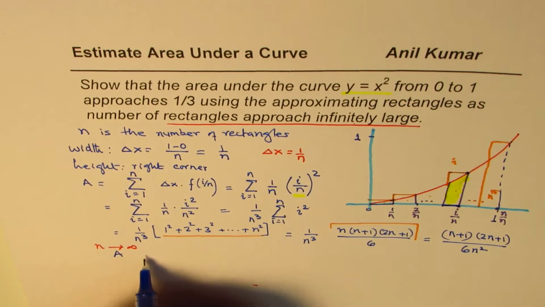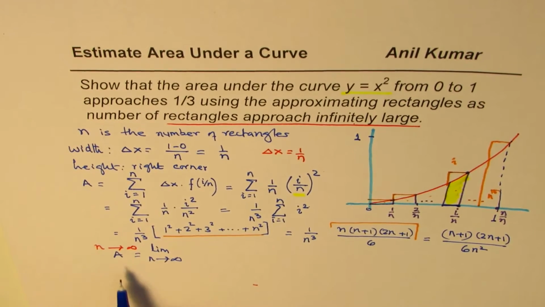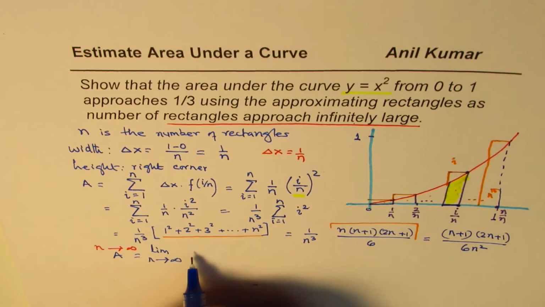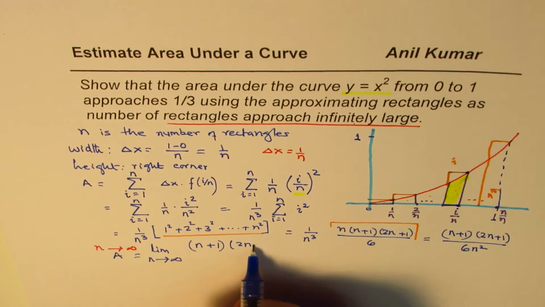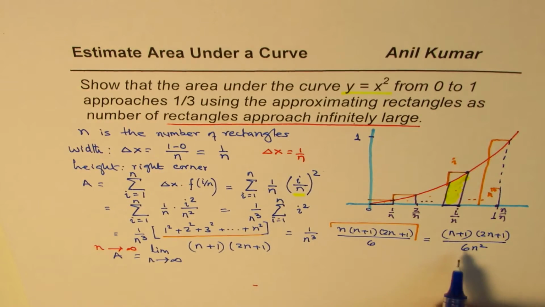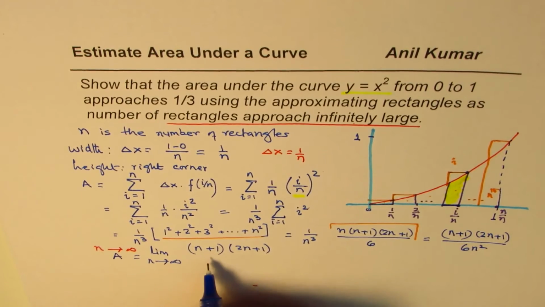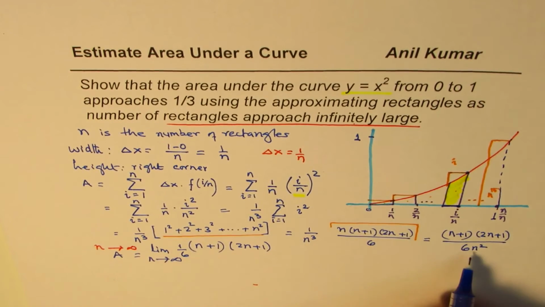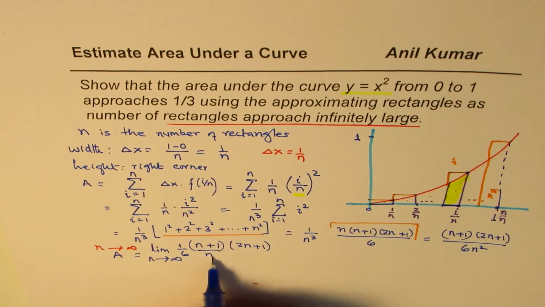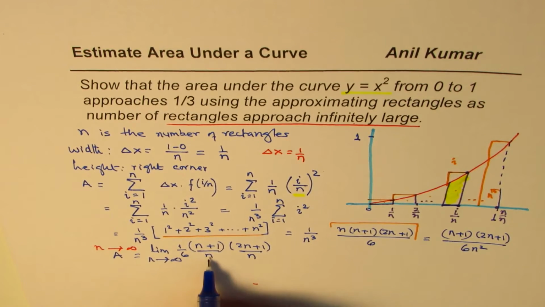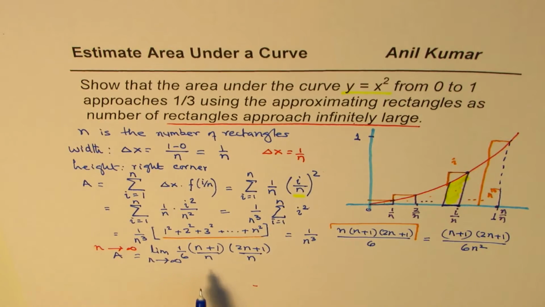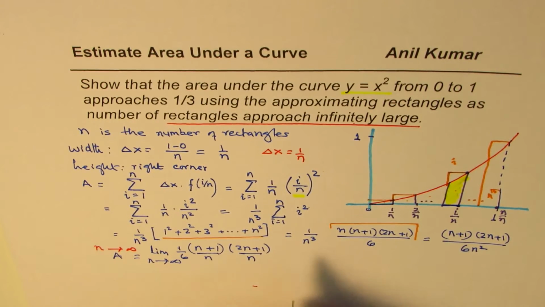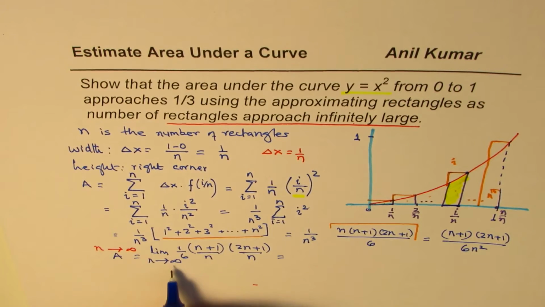Technically we can write the limit as n approaches infinity of the expression (n plus 1) times (2n plus 1), and it is 1 over 6 here. So let me write 1 over 6 outside, over n squared. So I'm writing one n here and one n with this, so it is 6n squared. Perfectly the same expression, but with a slight difference. See how it makes a huge difference. It helps us to find this limit.